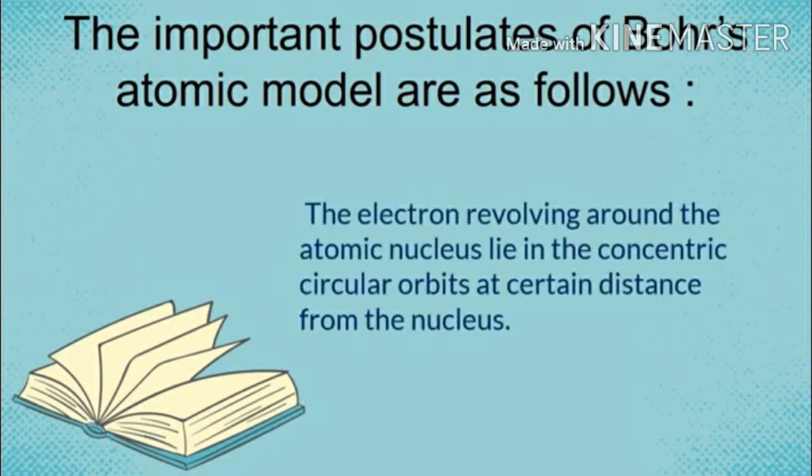The first one, the electrons revolving around the atomic nucleus lie in concentric circular orbits at certain distances from the nucleus. Means the electrons revolve in a specific orbit around the nucleus.